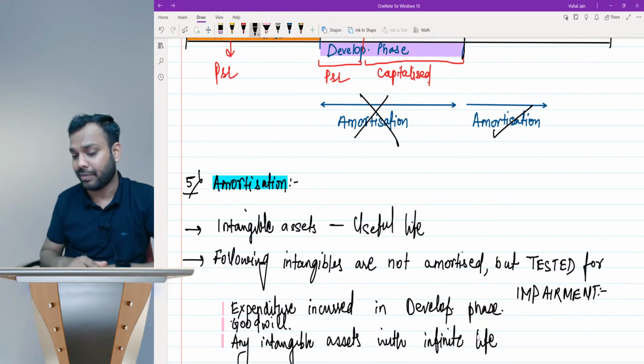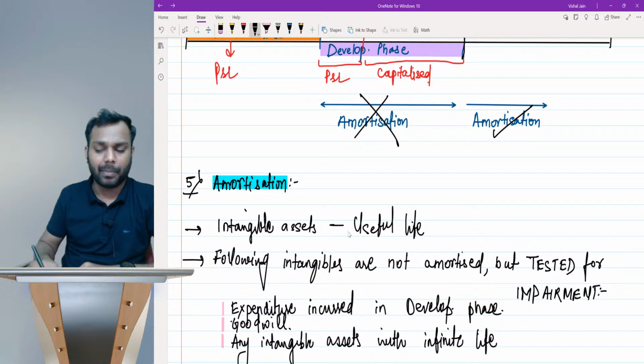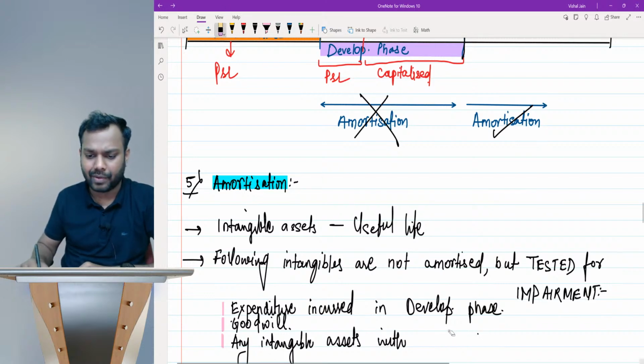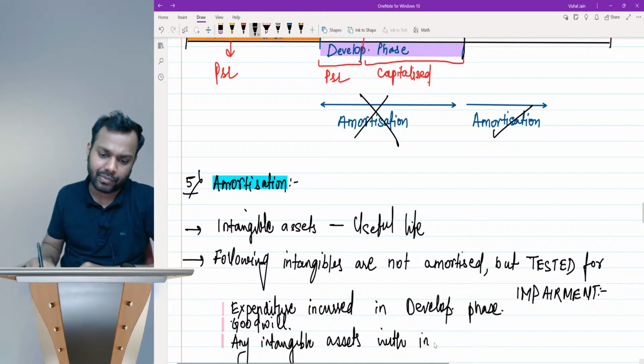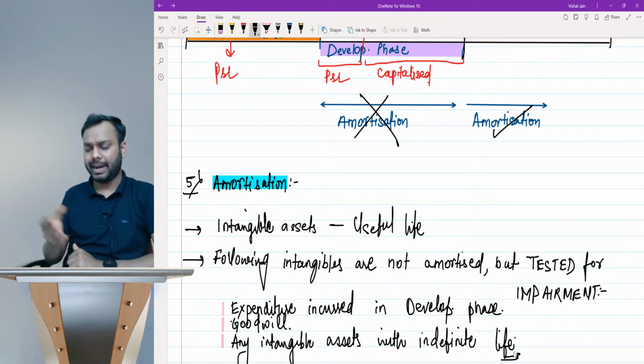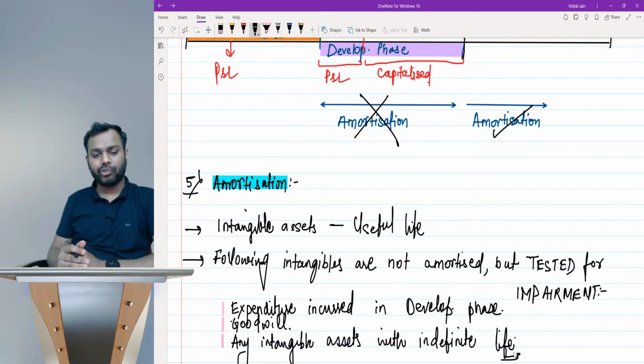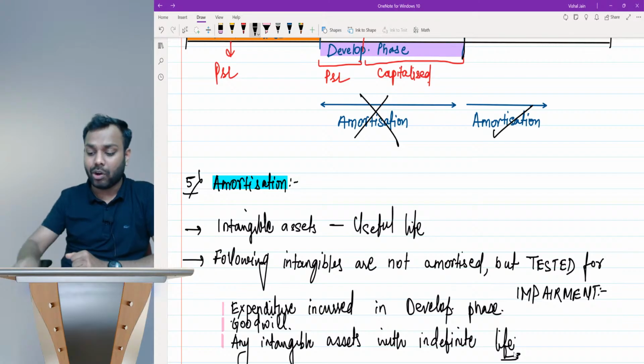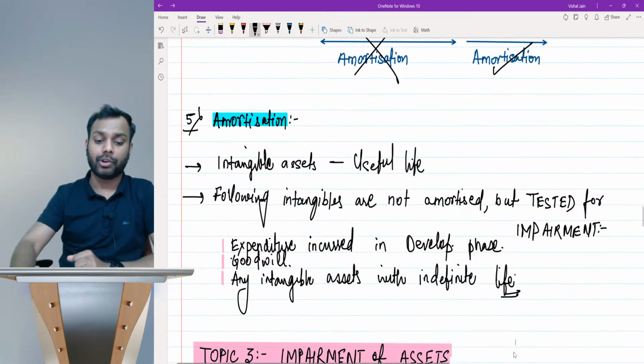Infinite or indefinite life. Okay, a better term is indefinite, I think. Thank you, Naman. Indefinite life I will write. That is a better term to use. Right, mastheads, that also can be used. So this is all about your intangible assets.